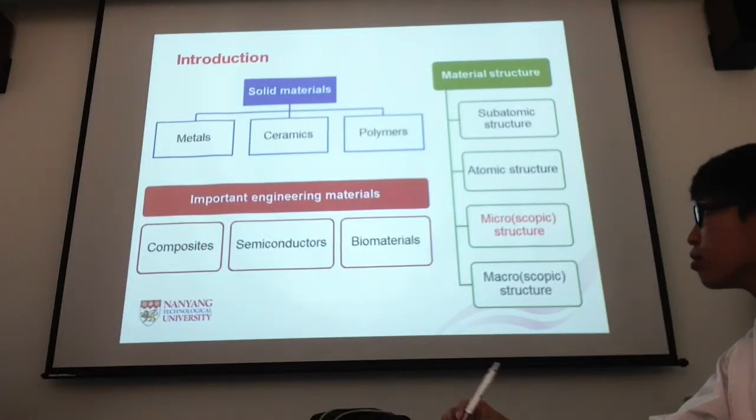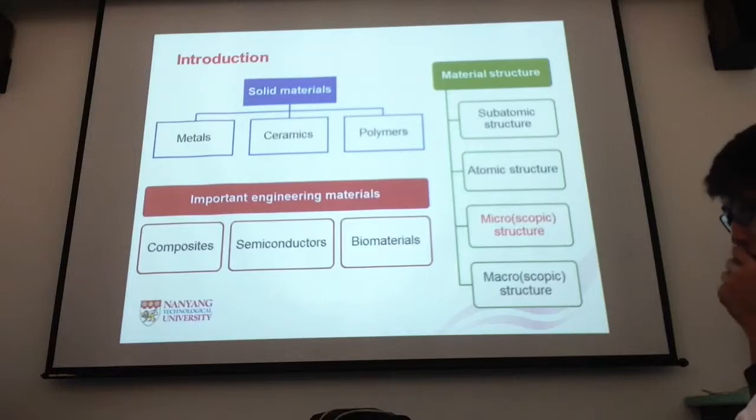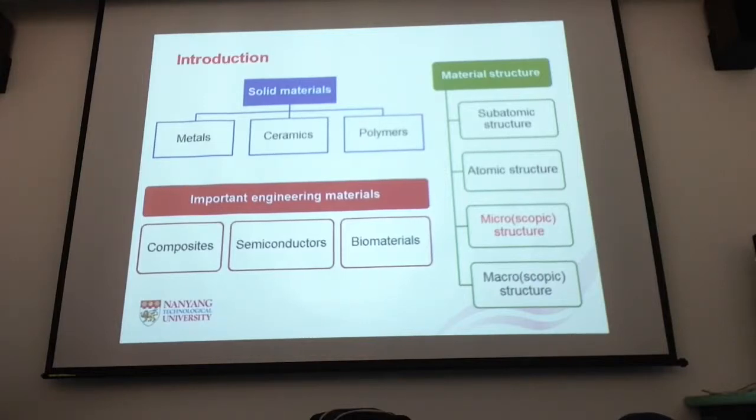Polymers consist of small organic molecules. From the engineering aspect, materials are also divided into three types: composites, semiconductors, and biomaterials. Composites are two or three metals, ceramics, or polymers connected together. The semiconductors have special electrical properties, and the biomaterials are related to human beings.